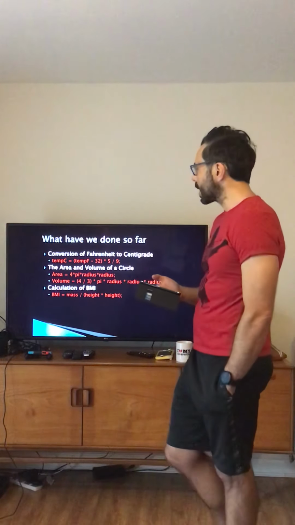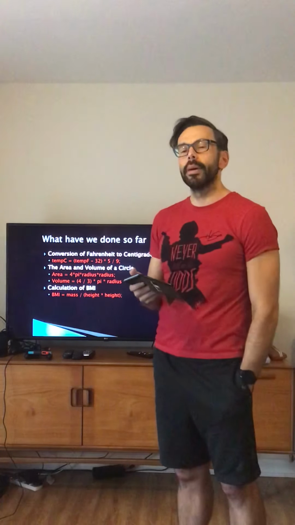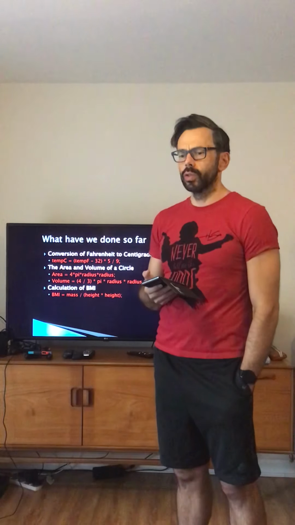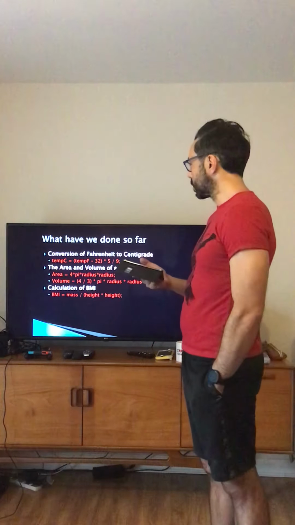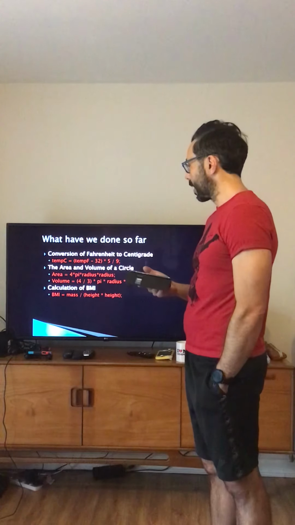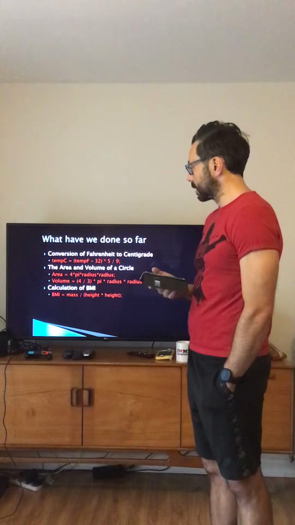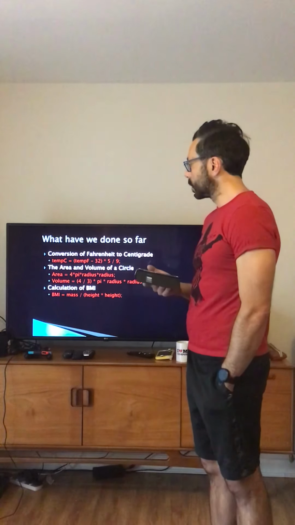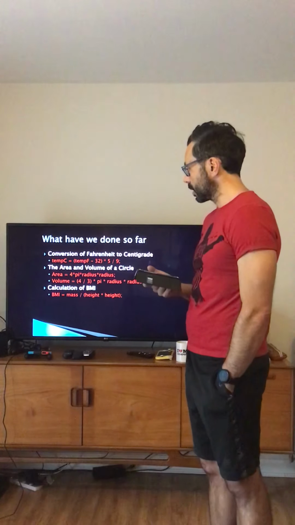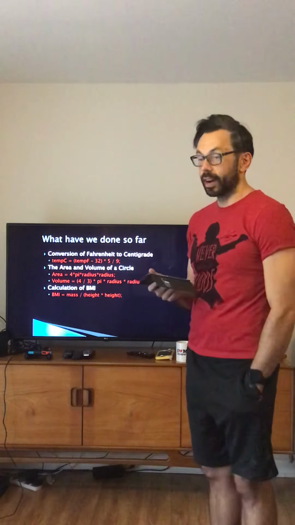We've also looked at the little exercises at the end of last week's lab, and hopefully you managed to decipher how to do these. So conversion of Fahrenheit to centigrade: you're calculating the centigrade by inputting the Fahrenheit, so temperature in Fahrenheit minus 32 in brackets, times 5, divided by 9.